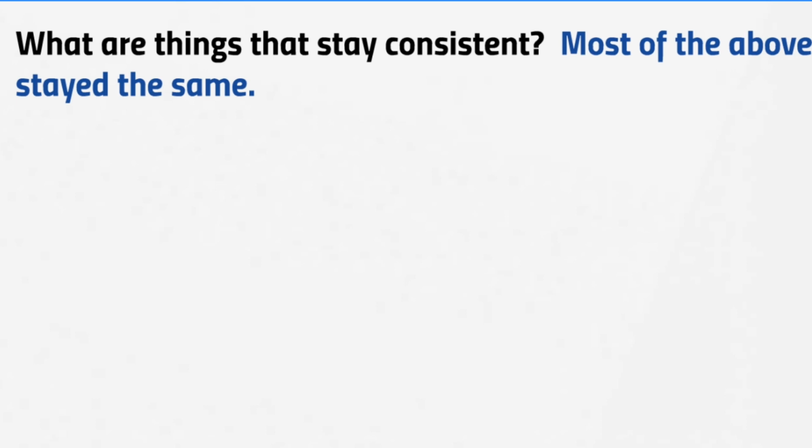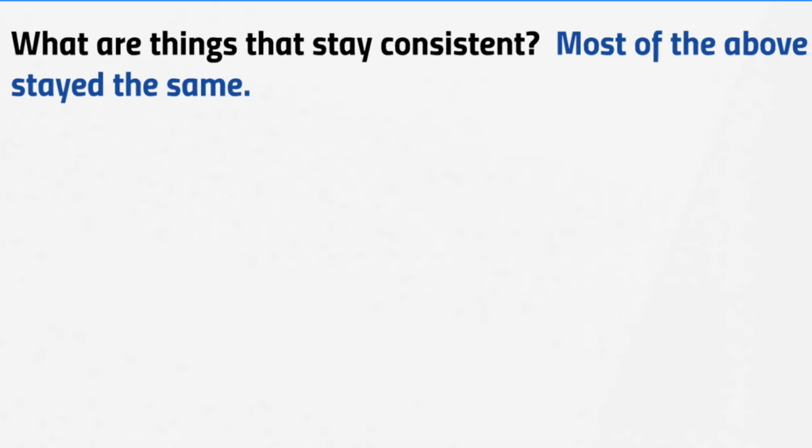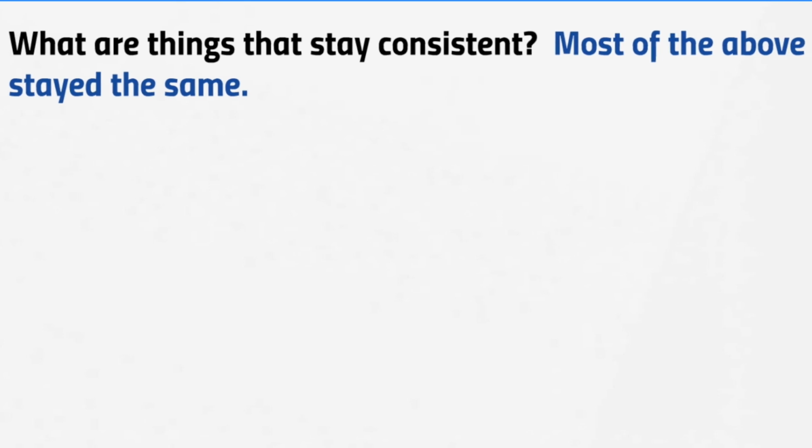So what are things that stay consistent? And I know this is one of the questions that a lot of people ask, and this is a good question, because what has stayed consistent? Well, most of the above has stayed the same, except for the brand name / keyword domain name kind of thing.